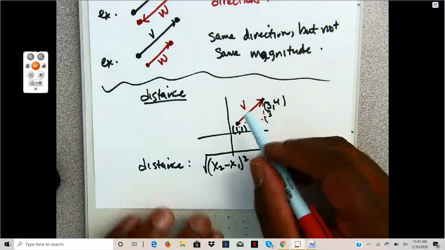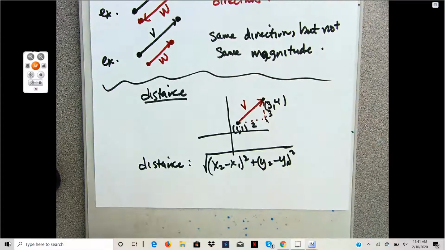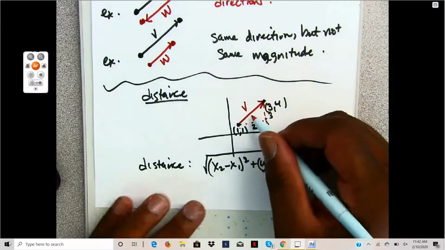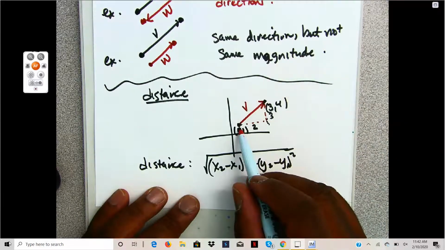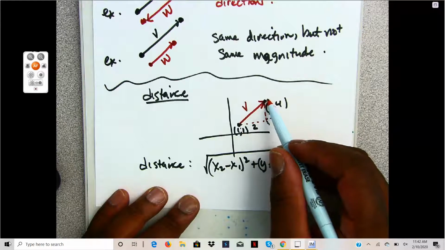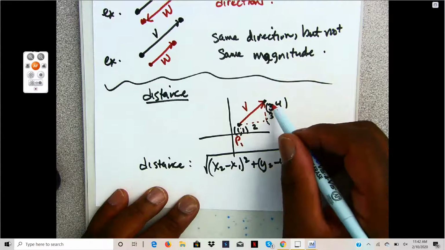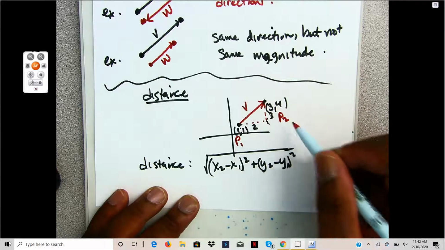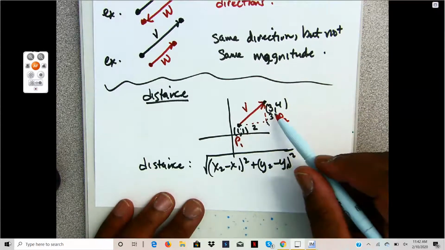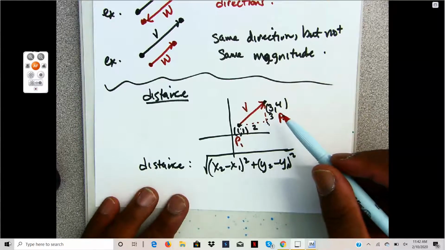Now, this particular vector starts at 1, 1 and it goes to 3, 4. So the 1, 1 would be point 1. The 3, 4 would be point 2. Initial point, ending point.